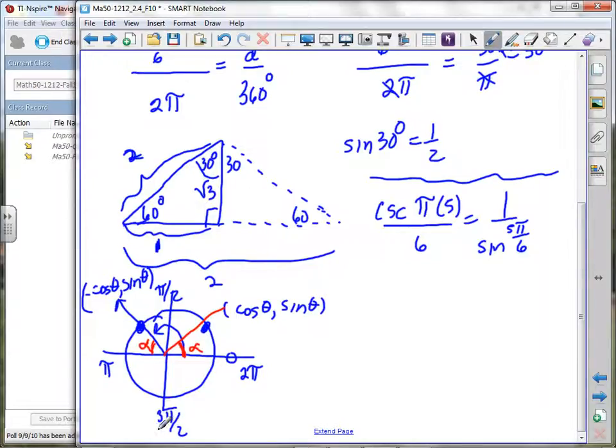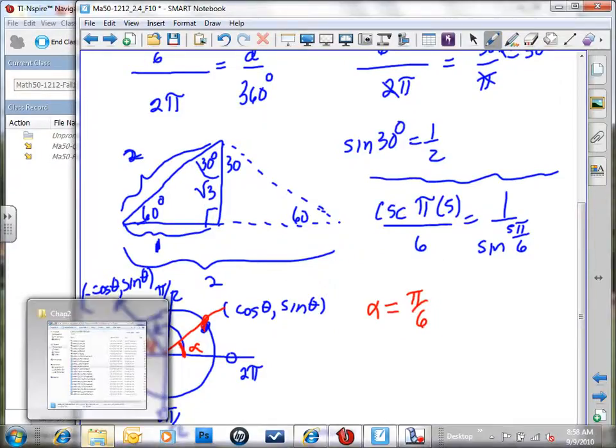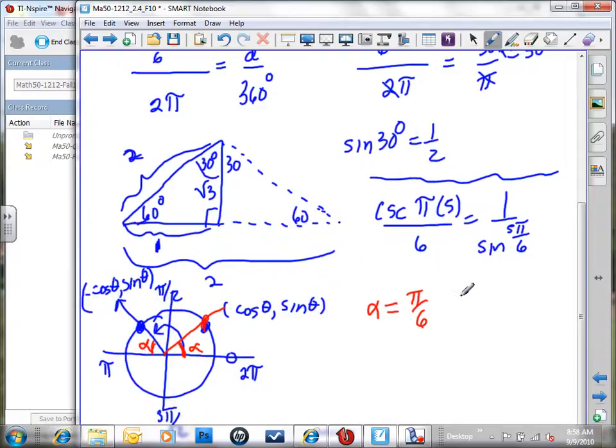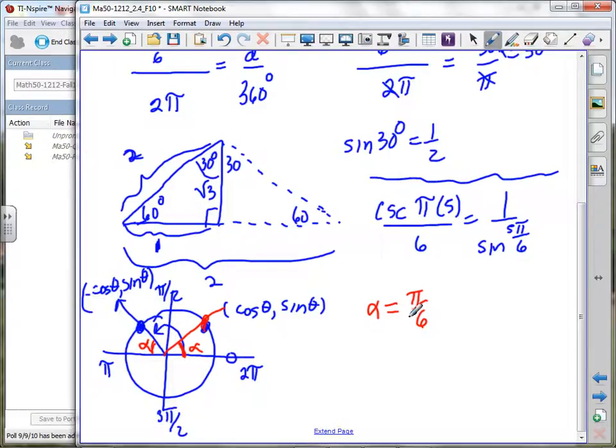It's equivalent because the sine value is the same at this point as it is on this point. So what is alpha? It's not 5 pi divided by 6; I'm going to take the difference between pi and 5 pi divided by 6, and it's the same thing as pi divided by 6. So if I can evaluate this angle, I have the same thing.